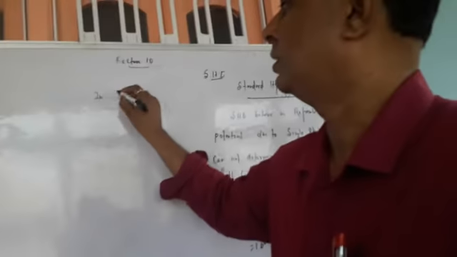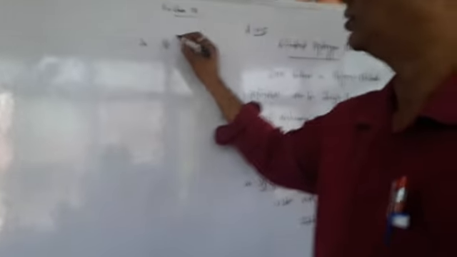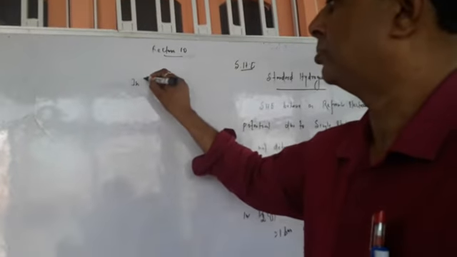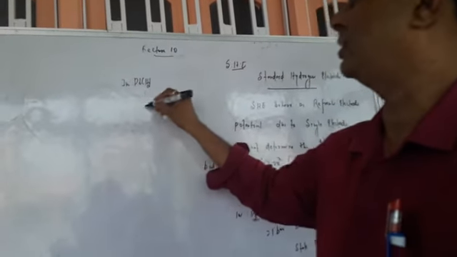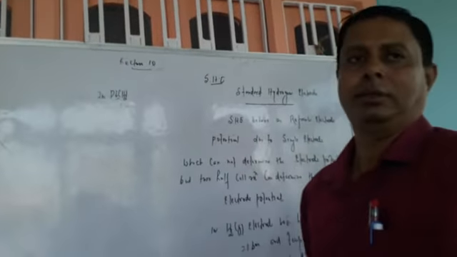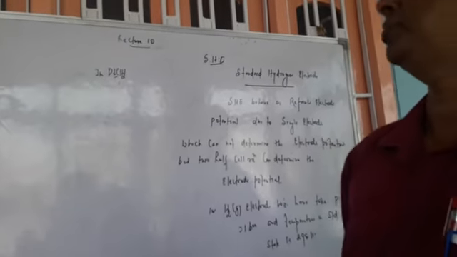Hydrogen is a gas, so conductance requires a metal, and we take platinum as the metal electrode.